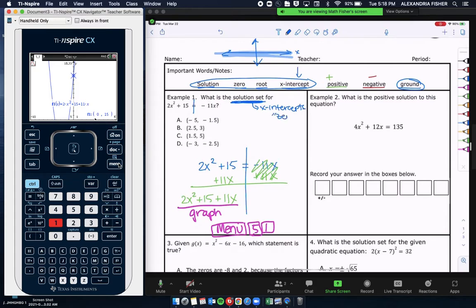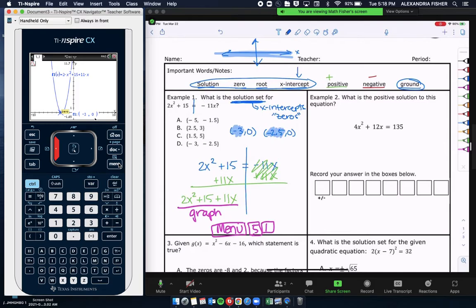which are zeros. So when we're looking at the graph, see how this says y-intercept? We're going to see where it says zeros. So we have negative 2.50, and then if we keep going, we get negative 3.0. So I'm looking at these, I have negative 3 and negative 2.5.